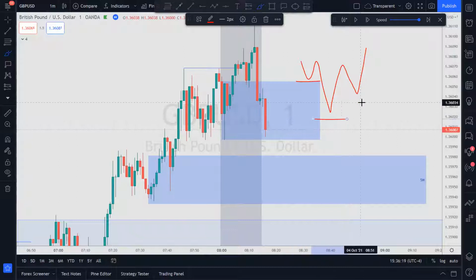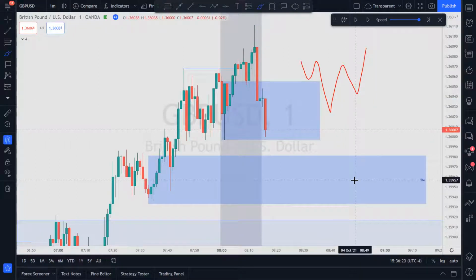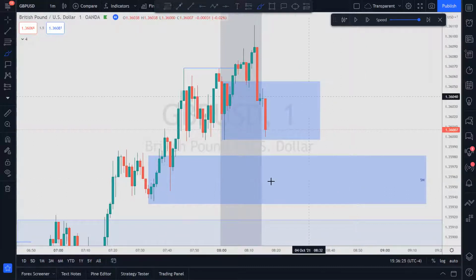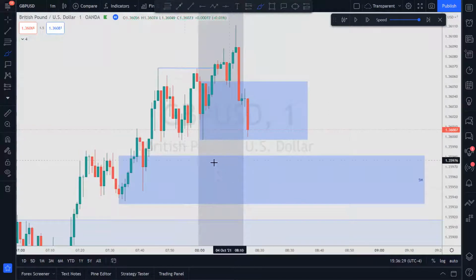Low, lower, higher. Got it? A quasi or an inverted head and shoulders. All right, so I'm looking for a price to start to transition here. And we'll see. Are we going to break these lows?